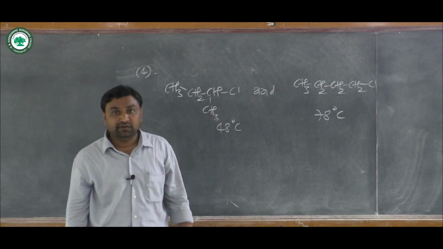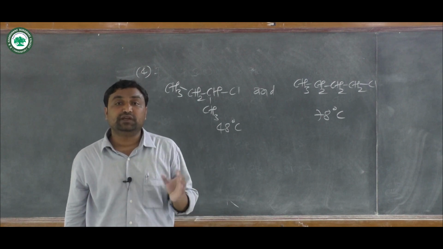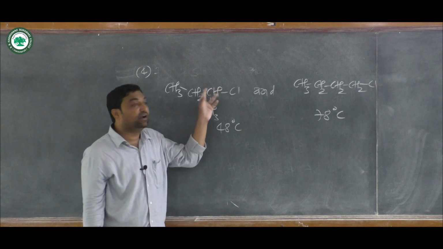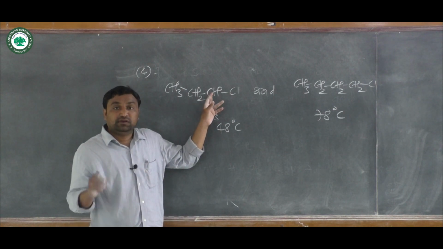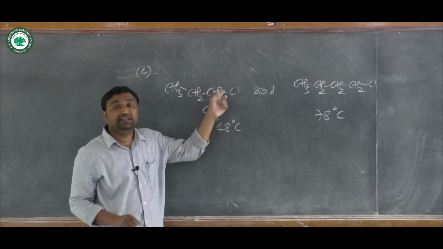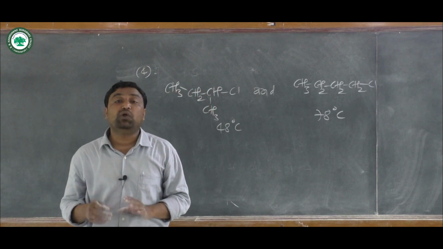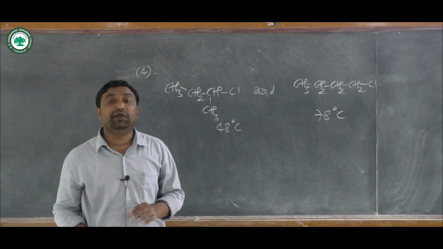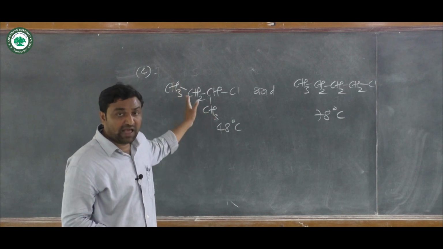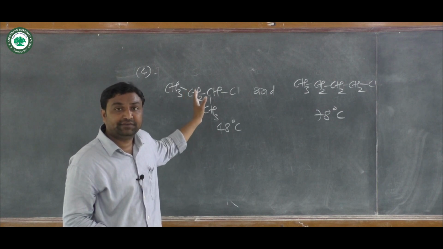Due to decrease in its surface area, its volume also decreases. Due to decrease in its volume, this molecule becomes spherical. It means the intermolecular forces present in these molecules become weaker. Due to weaker intermolecular forces, the boiling point of this molecule decreases. It is the last but the most important property of alkyl halides.